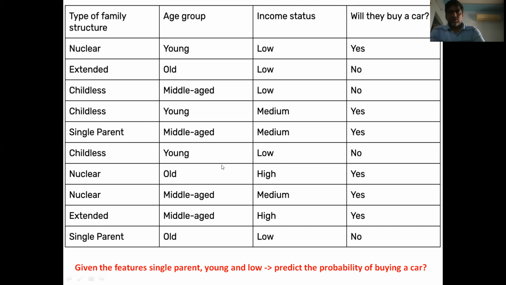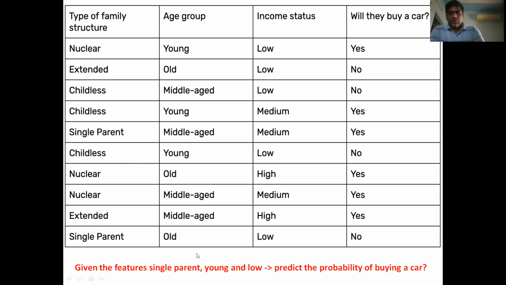So the task of this problem is to design a naive Bayes classifier with these input patterns, and then, given the features single parent, young and low, which is actually not available here, you need to predict whether they can buy a car or not. The answer may be either yes or no.